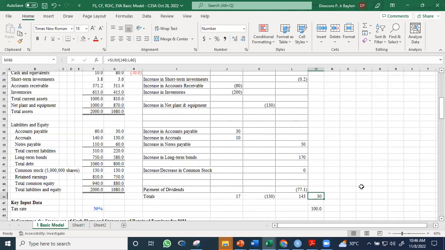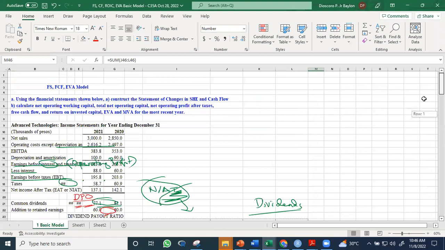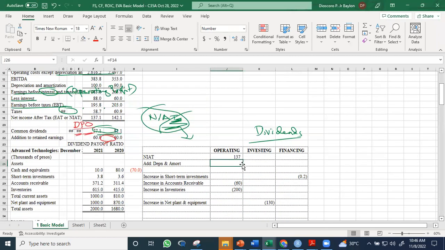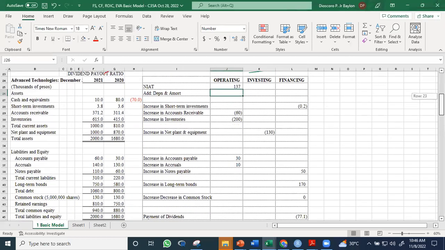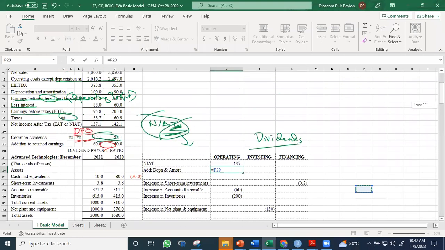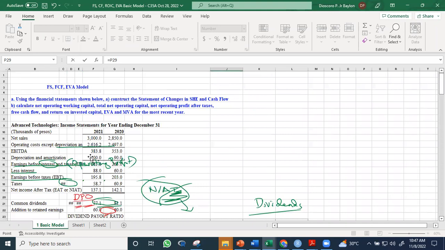We will be overstated by 100. So we delete this one. Okay, so it's now balanced. If we delete that one, we have a problem with depreciation and amortization because this is not cash. So we have to add back 100,000. I hope you notice that I'm playing around with you.